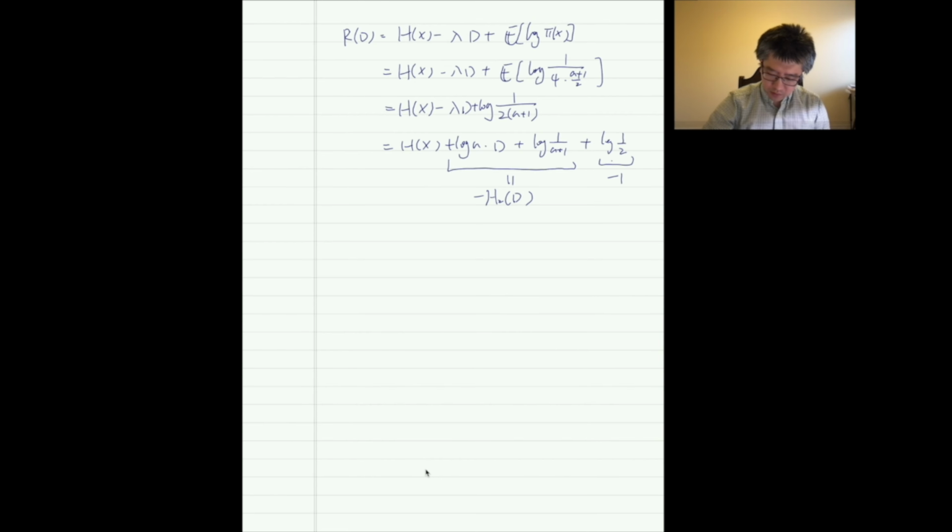Okay, therefore, in the end, we know h of x in this case is 1 because it's a uniform distribution. Oh, it's 2, right? Because there are 4 symbols. Okay, then we get 2 minus this minus 1, which is 1 minus this. Okay, and that's the rate distortion function. And now let's compute d max. Okay, which is the inf.